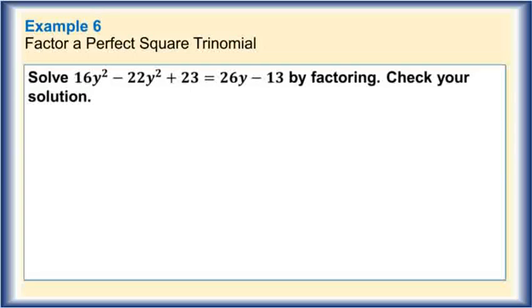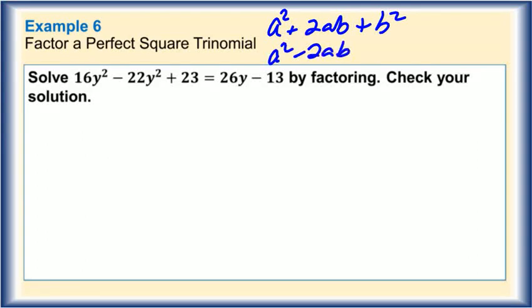Next, solve this one with perfect square trinomial. So this has to fit a squared plus 2ab plus b squared, or a squared minus 2ab plus b squared. The first thing I want to do is get everything to one side and simplify this. And with these, we do want to make sure that our square is going to be positive.